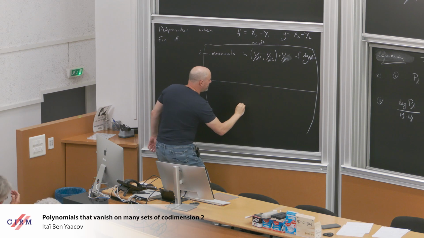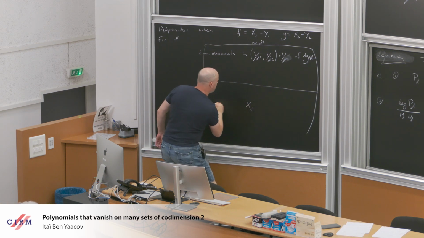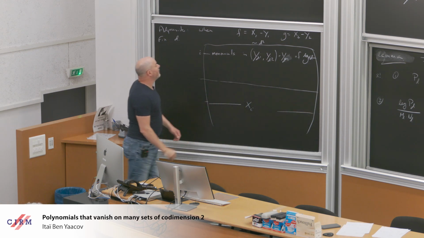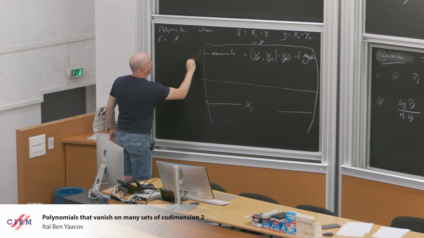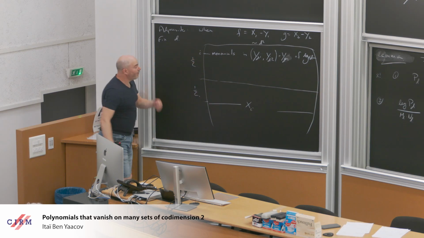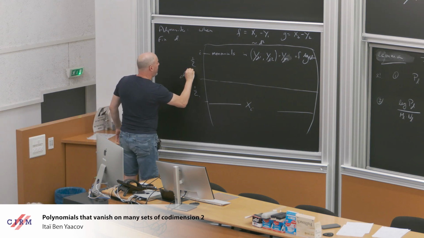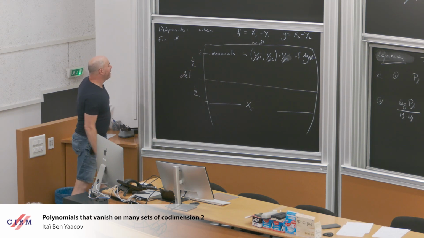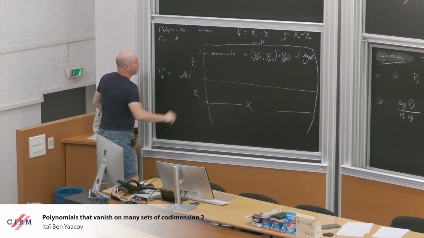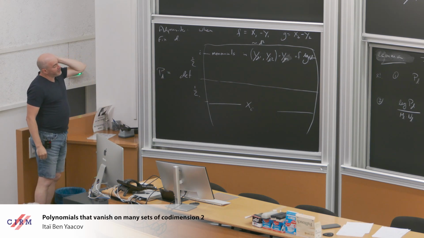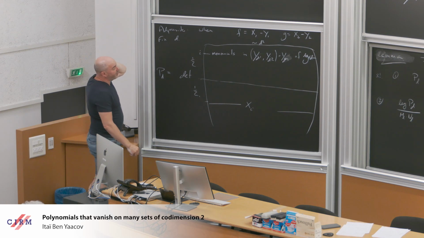And here it's going to be the same thing, but with x_i. I'm just doing half and half. And I'm going to take the determinant of that, and this is going to be a polynomial, and that's going to be my P_d. Now if you think about this for a second, it satisfies all the requirements.